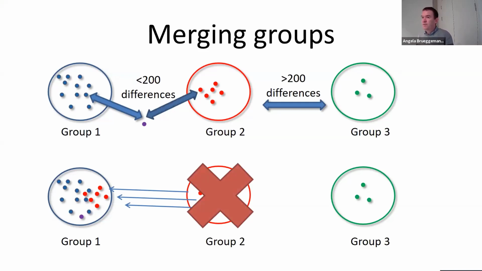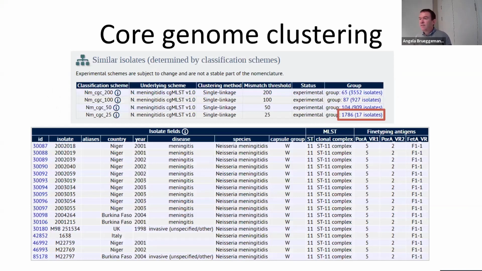So what that results in is that over time, your groups get bigger and some groups merge. And that does mean that it's not stable. You can't use this as a stable nomenclature, even though people try.